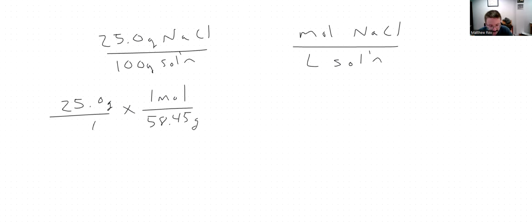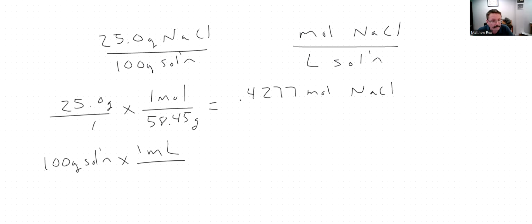When I do this, I get 0.4277 moles of sodium chloride. And then we need to convert our 100 grams of solution into liters or milliliters. So I can take that 100 grams of solution and divide by the density, and see that 100 grams of solution should be 86.96 milliliters.